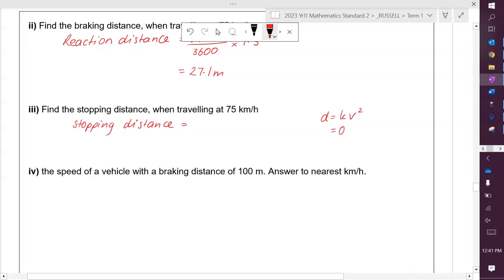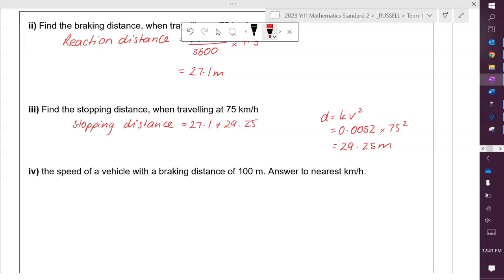We've got our constant, which was 0.0052, and I'm multiplying it by our speed squared, which was 75. That tells me it's 29.25 metres. I'm going to use that here. My reaction distance is 27.1 and my braking distance is 29.25. I add them together and I get 56.35 metres.